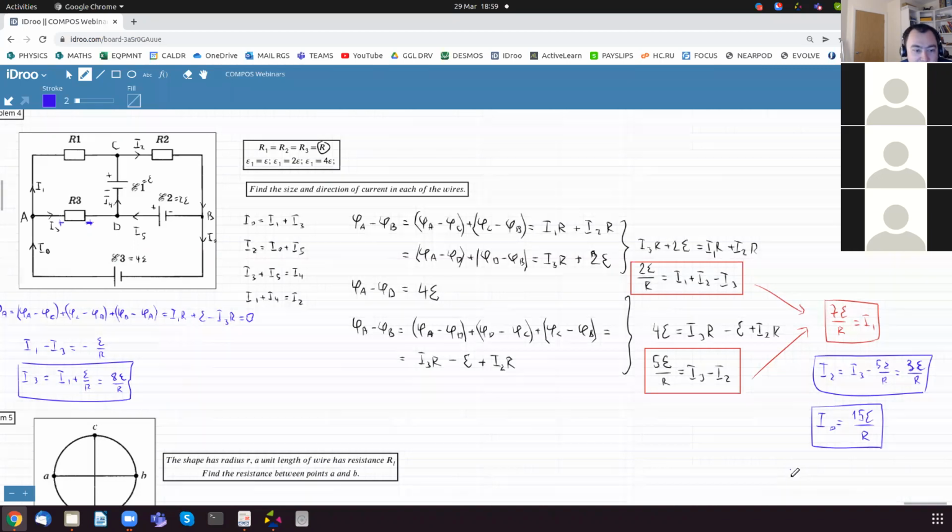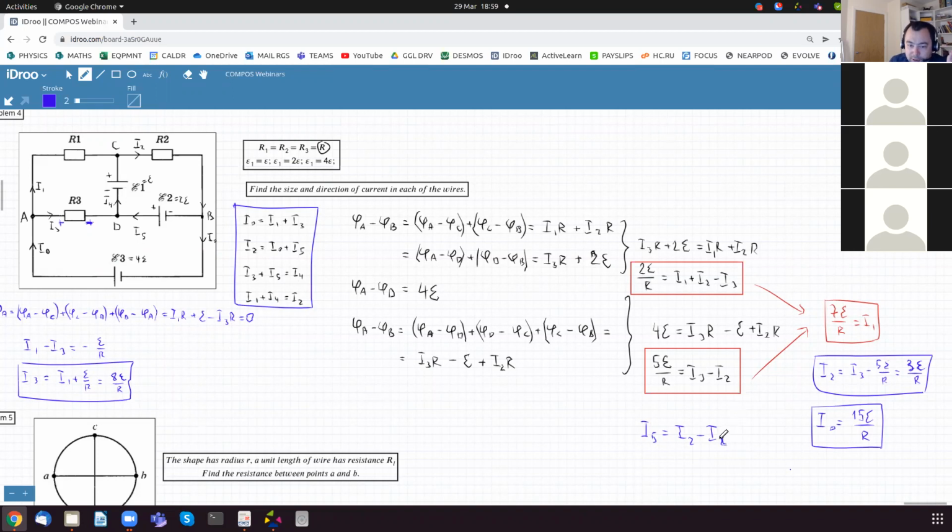Then we have I5. I5 is equal to I2 minus I0, which is here. I'm using this equation. So you just have a bunch of equations and you need to solve them. The hardest part is finding the first unknown current.